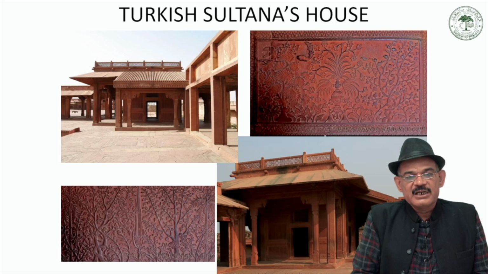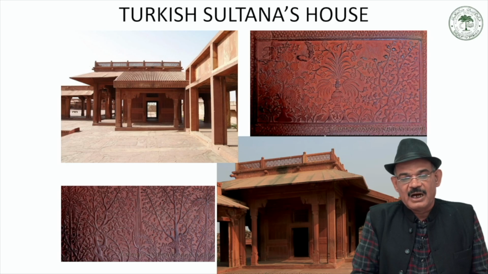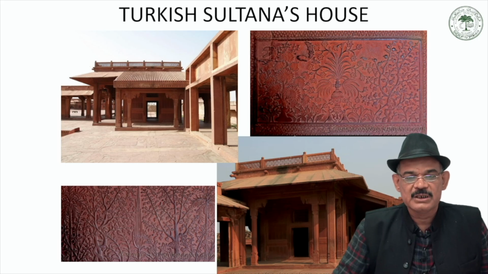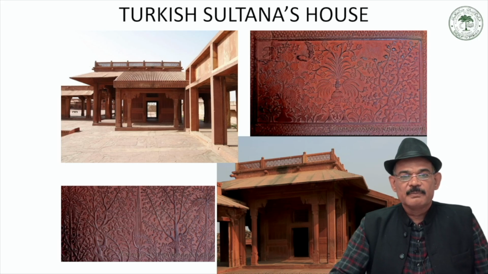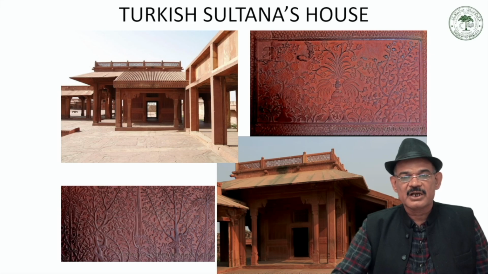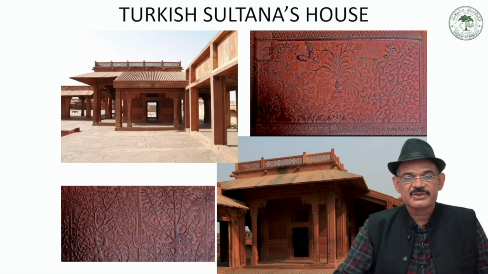Not a single inch of the interior surface of this structure is left without decoration. Now you see this is a dado of the Turkish Sultana house. It has floral designs, with some plants in between and some trees on the sides.